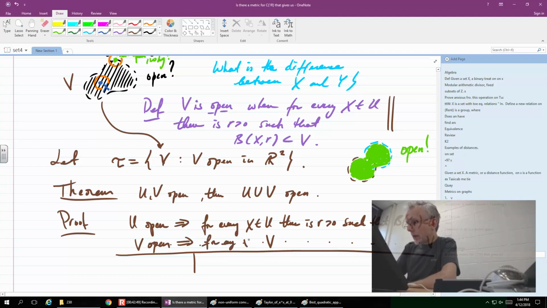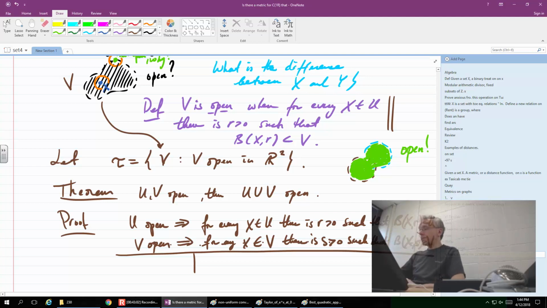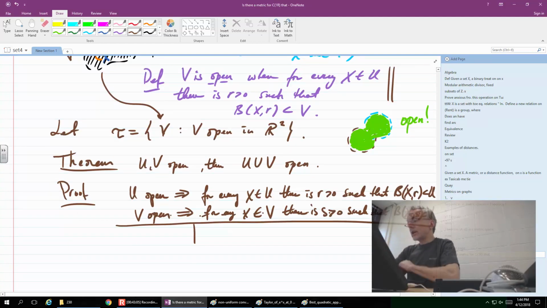For any x in V, there is, and here I want to use a different letter, s greater than 0, such that B(x, s) is a subset of V. So let's take those two statements and put them together. I intentionally use the same letter x here: for every x in U, and for every x in V.